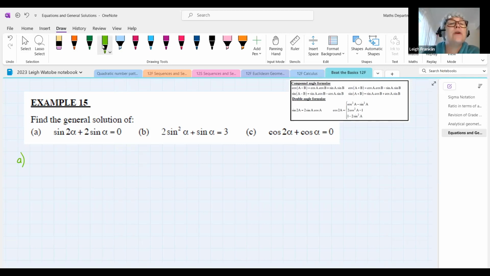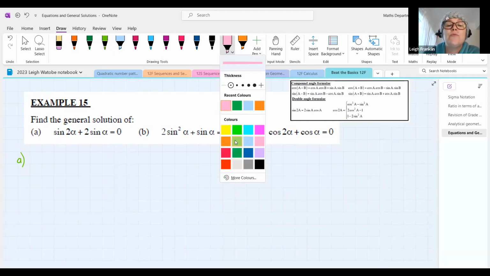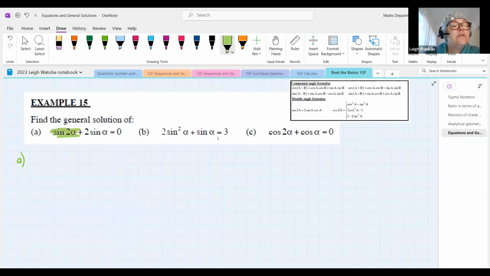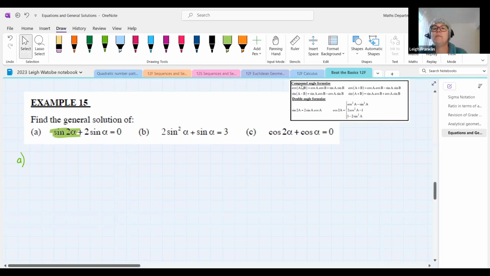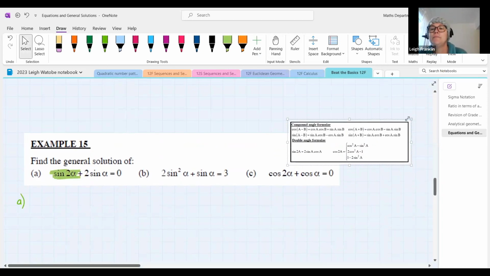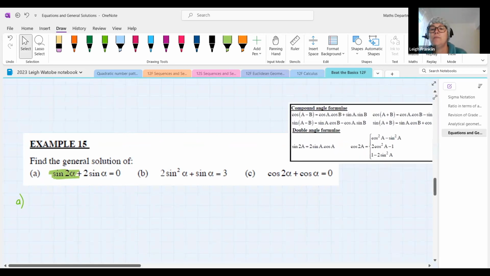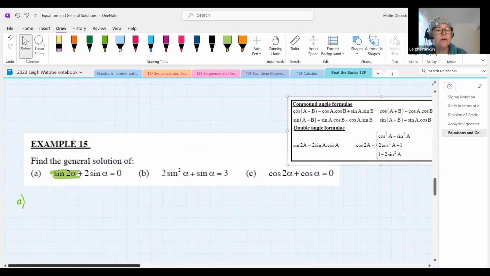So what are we going to do with the sine 2 theta? How are we going to write that? What are we doing with sine 2 alpha? Okay, expand the double angle.